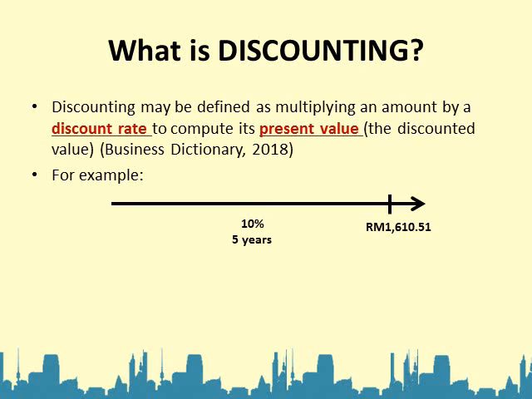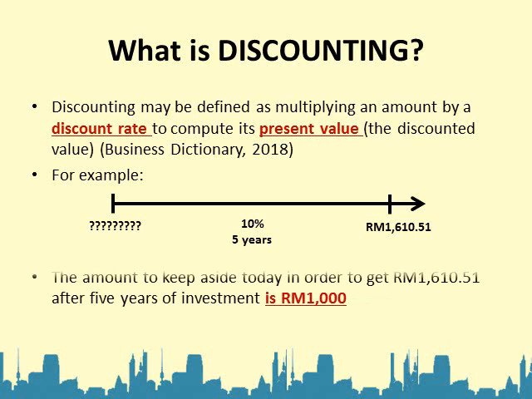With 10% interest, how much money does he need to save, or invest today, in order to get 1,600 ringgit and 51 cents? So this is the situation whereby discounting happens.